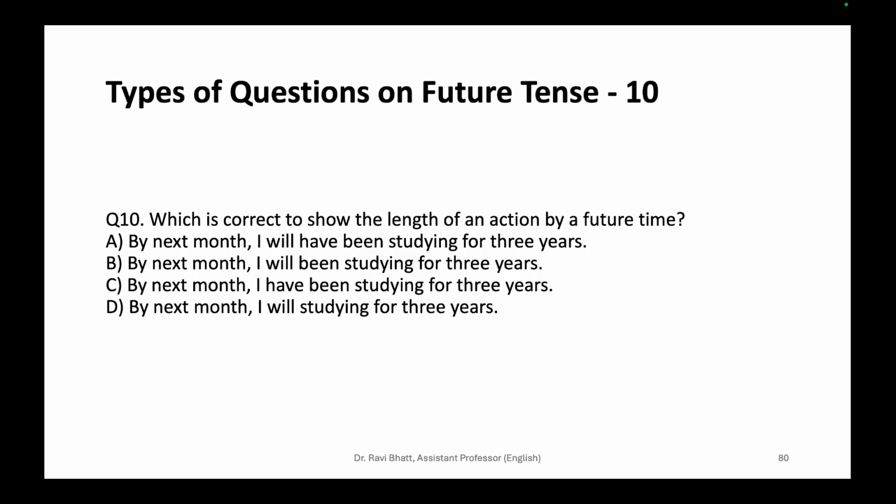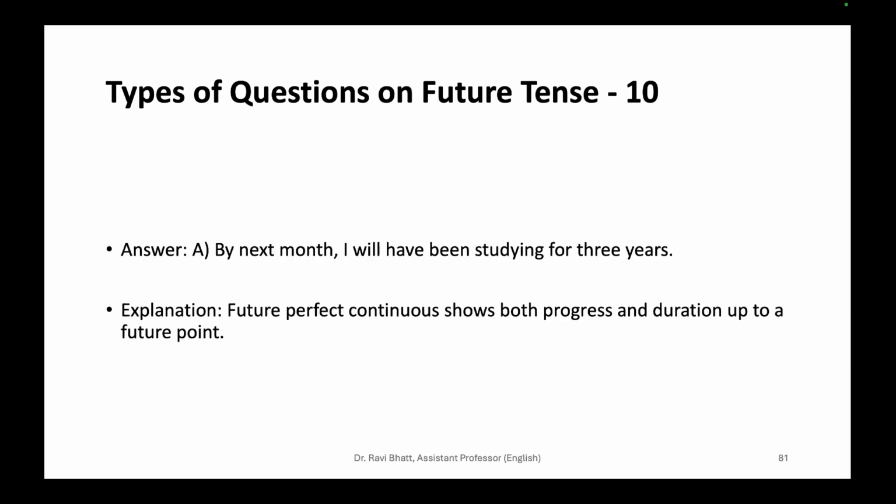And D. By next month, I will studying for 3 years. So the correct answer here is by next month, I will have been studying for how many years? For 3 years. The explanation again: future perfect continuous shows both progress and duration up to a future point.